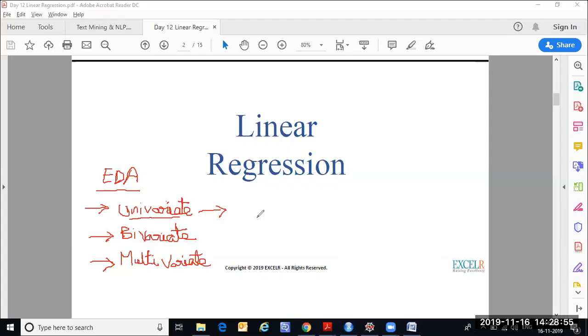If I take a single variable, what insights can I understand about the data of that particular variable? Guys, please respond. What all can I do?